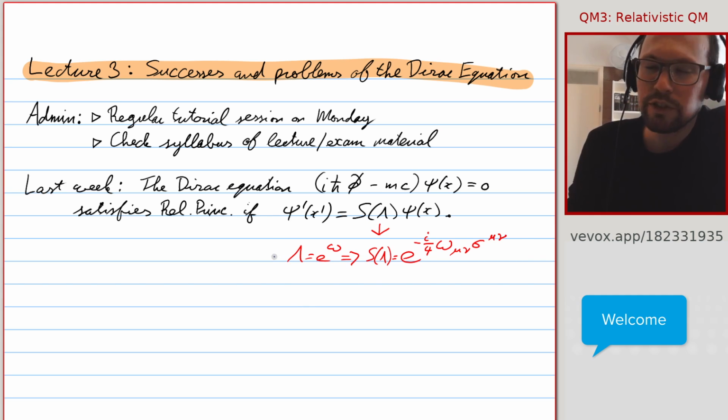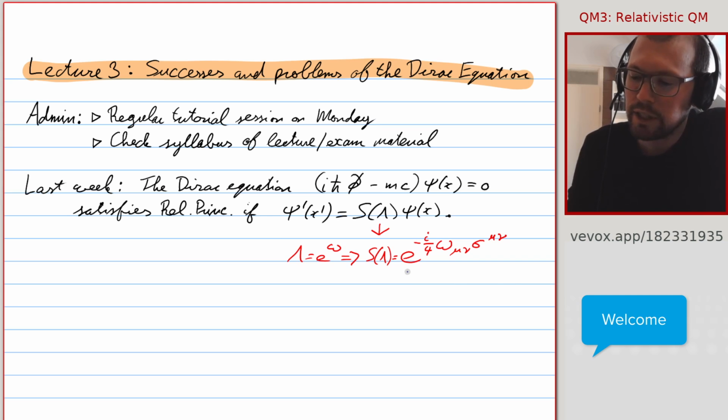And we derived the explicit form of this matrix S of lambda. Well, actually you did in the exercises. And in order to write it down explicitly, we took our Lorentz transformation to be an exponential of a matrix, which you can get by doing many small Lorentz transformations, which together add up to a large Lorentz transformation.